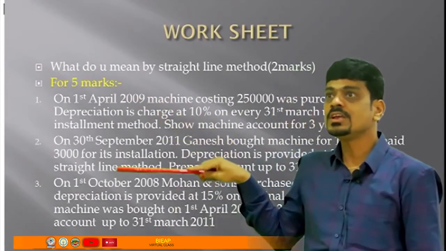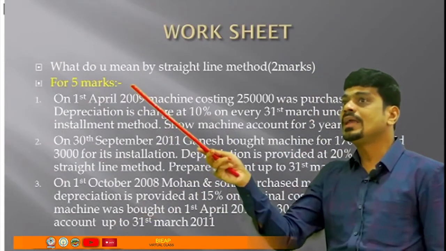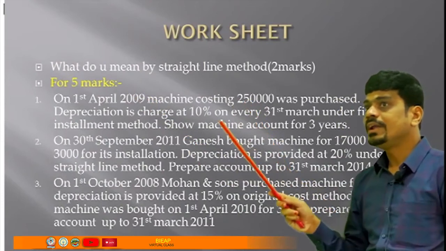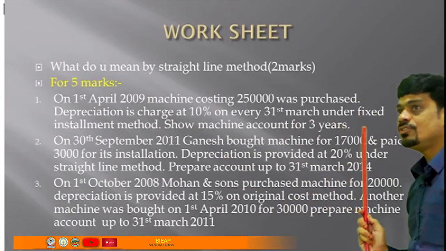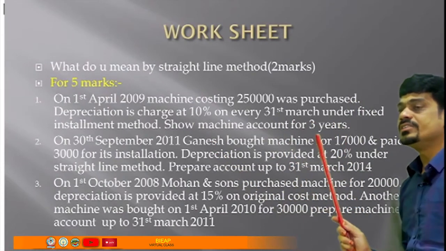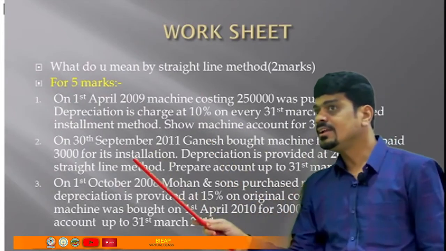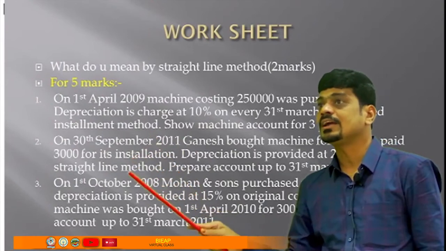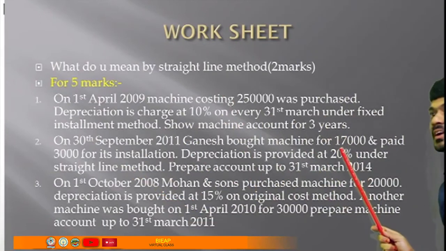Then you see the 3 questions I have formulated. First question: April, when 2,50,000. Rate is 10%. Method is fixed installment method and 3 years. Hope you all will do it. Then second: 30th September, which we'll convert to 1st October. For how much did we buy? 17,000.